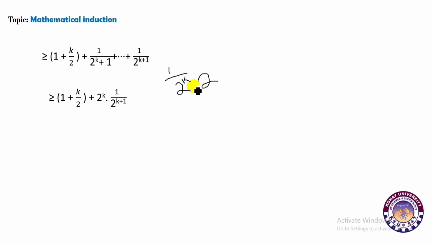Now, this means 2 times 2 raised to the power k, which can be written as 2 raised to the power k plus 2 raised to the power k. So I can replace this last term by 1 over 2 raised to the power k plus 2 raised to the power k.